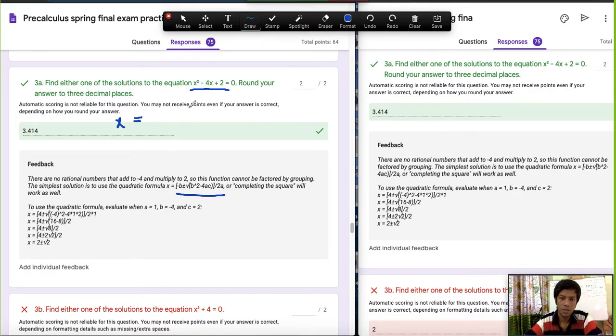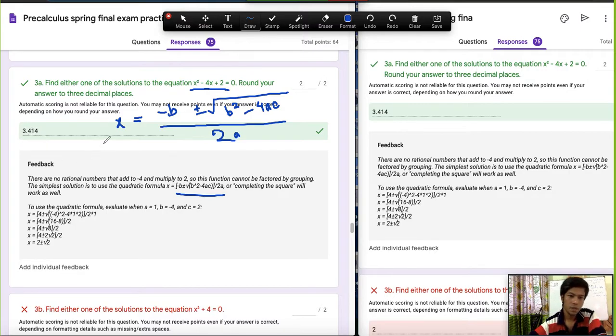The formula is minus b plus minus the square root of b square minus 4ac, divided by twice a. A means 1, b means minus 4, c means 2. So if you put it in, you will get the answer. The question is just to find one answer, so any one of the solutions is fine.